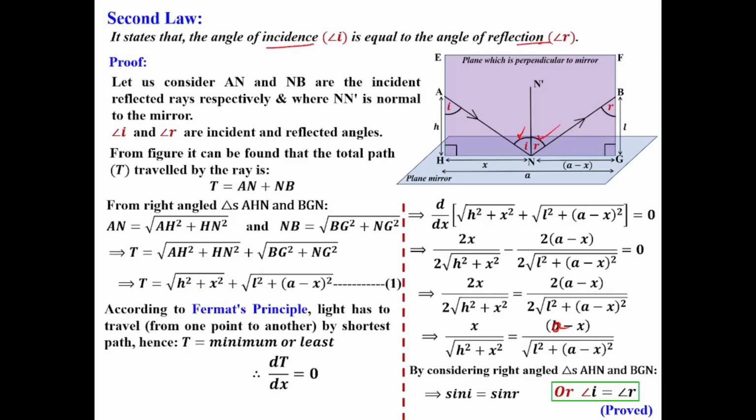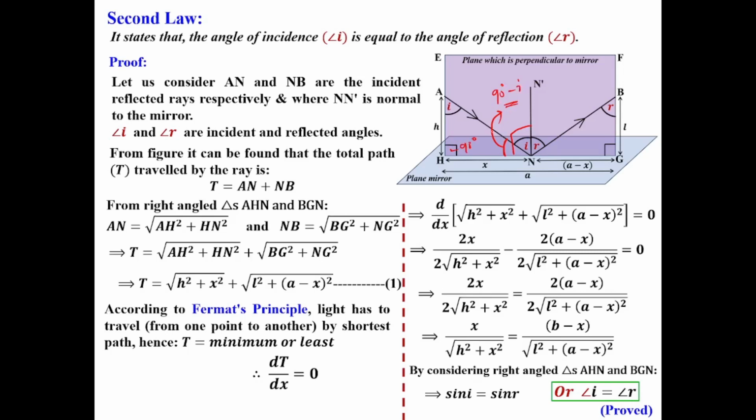Okay. So you may be confused about how this angle is equal to this angle. It is very easy. Here you can see this angle is 90, so this angle is 90 minus i, and this angle is 90.